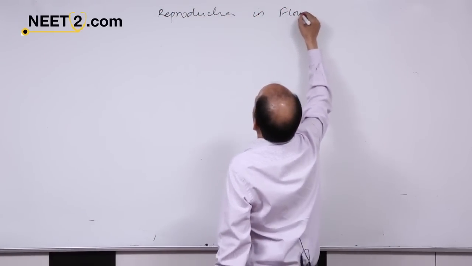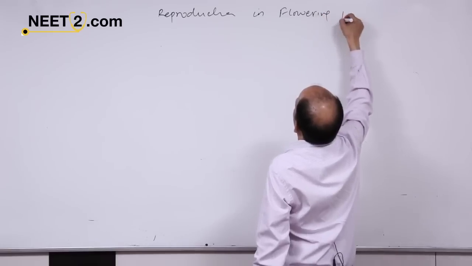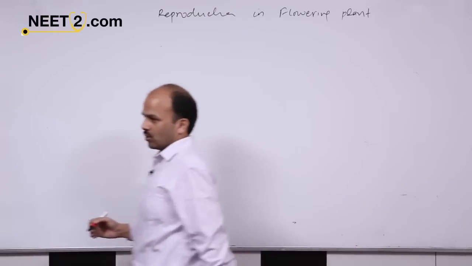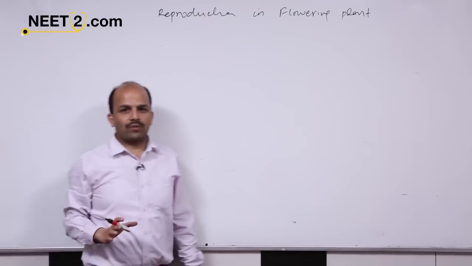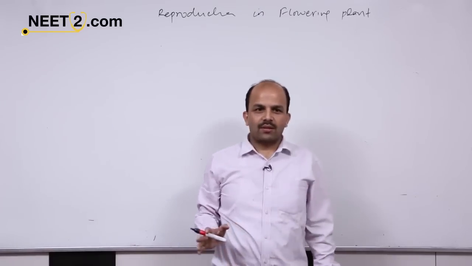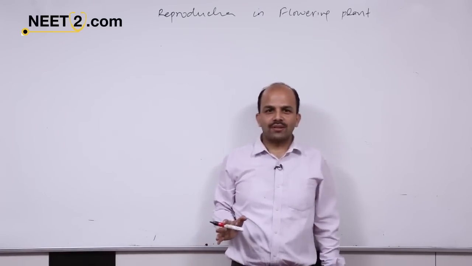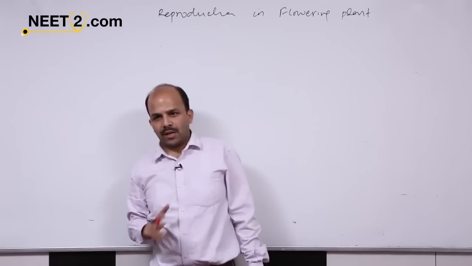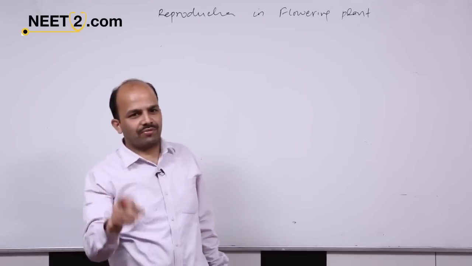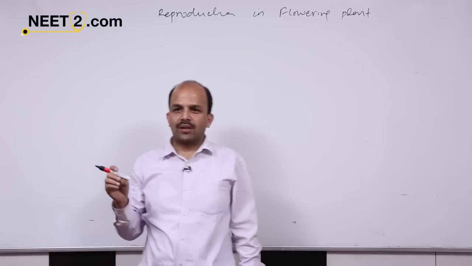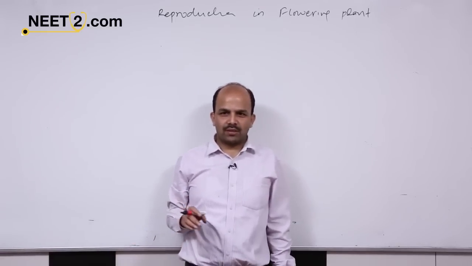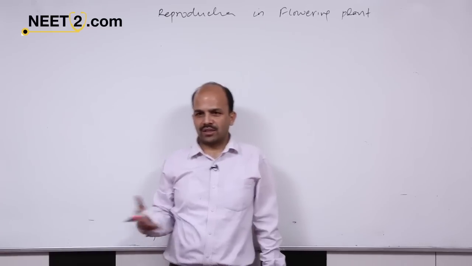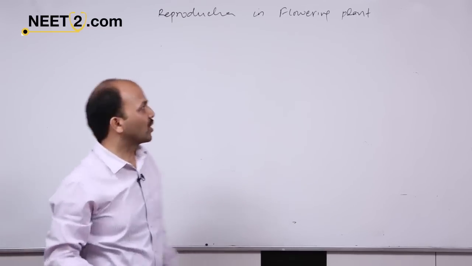In angiosperms, for the reproduction act, we have to discuss megasporogenesis, microsporogenesis, pollination, fertilization, embryo development, endosperm development, polyembryony, apomixis, parthenocarpy, and finally the structure of seed.